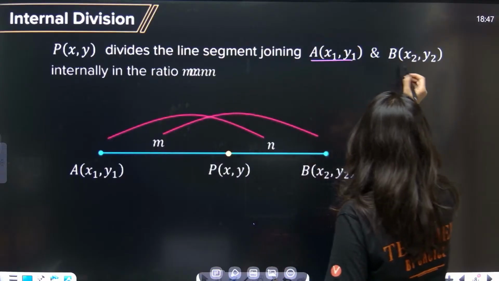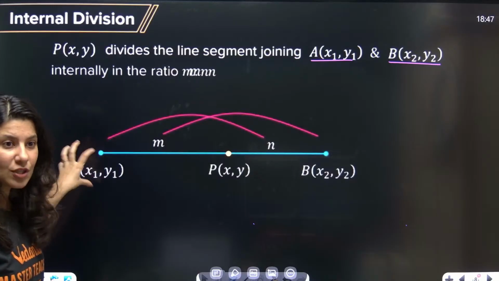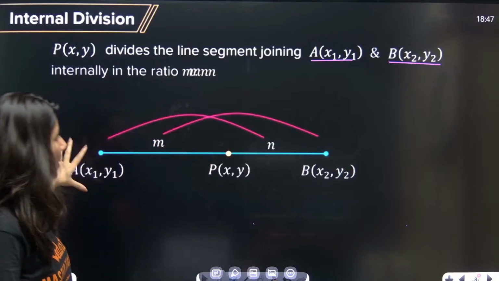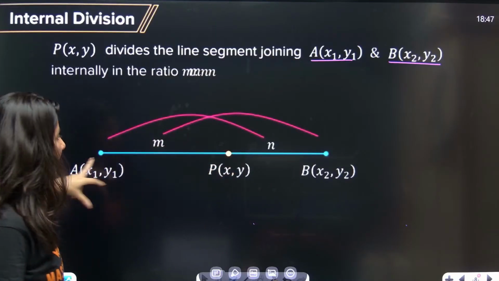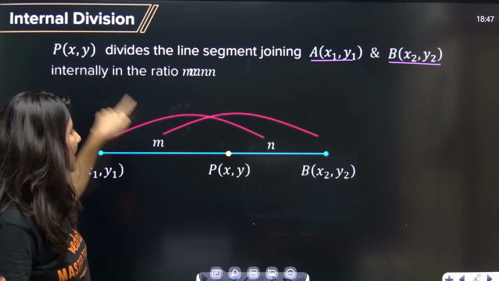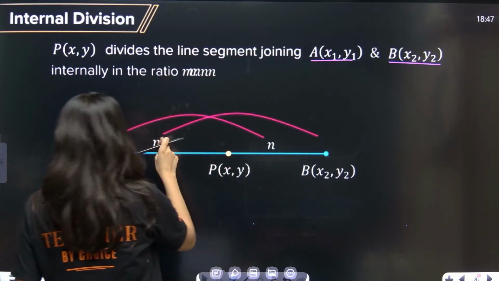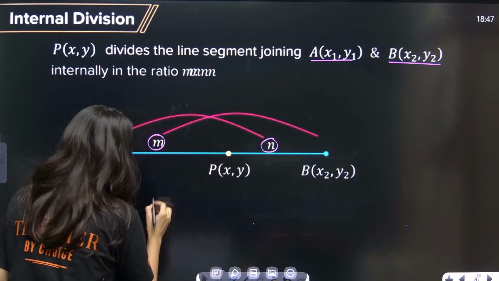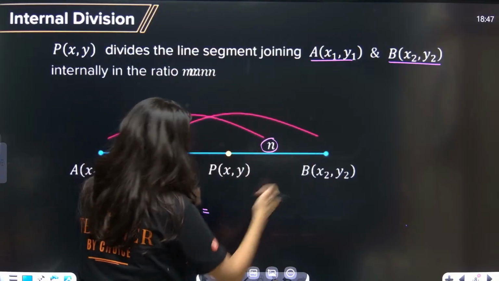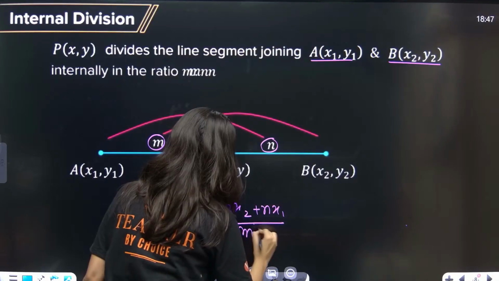This is your A and this is your B, correct? There is this point A which is given to you, and this point B which is also given to you. So A and B are two points, and there is a line joining AB. P lies on the line joining AB, and P divides the line segment in the ratio m:n. So the coordinates of P you can calculate by this formula, where x will be (mx2 plus nx1) whole upon m plus n.